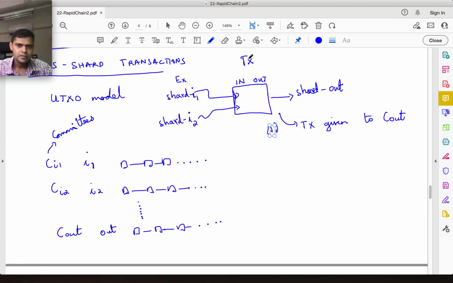And of course, how is this output shard decided? Well, it really depends on where this is mapped. So there is a mapping method which decides which particular shard it has to go in.